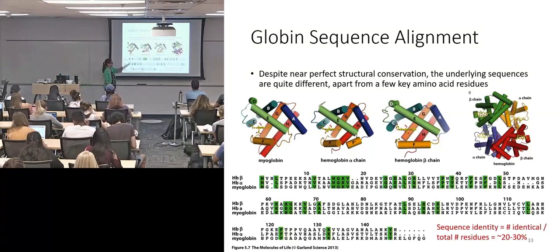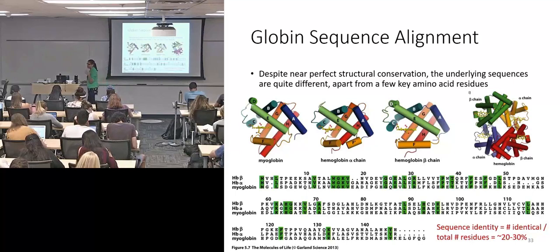These are all M, M, M. These are all leucine, leucine, leucine, valine, valine, valine. Same position from 1 to however many there are. It's the exact same amino acid residue. Identical over total number of residues. So for these, we're looking at roughly 20 to 30% identity, which is pretty low, considering how similar they're able to fold and what functions they're still able to do.